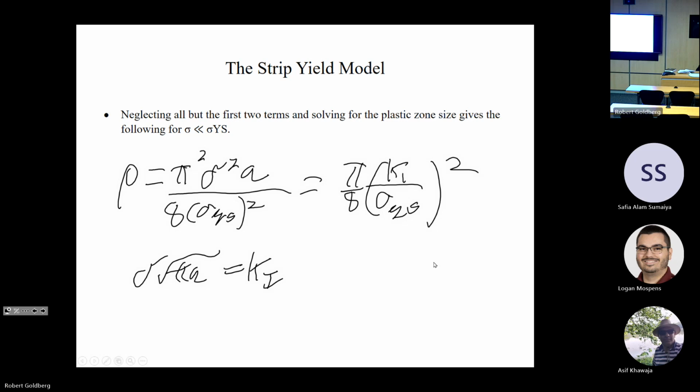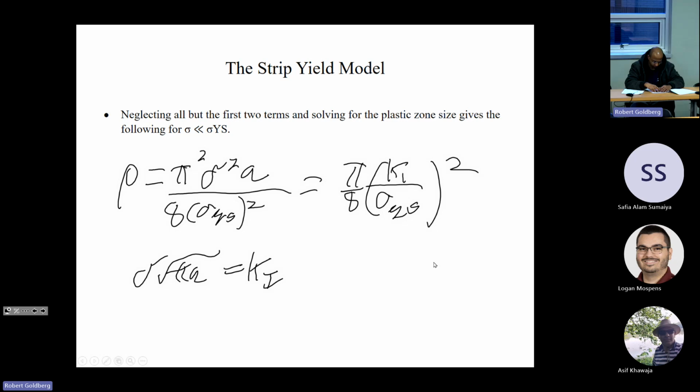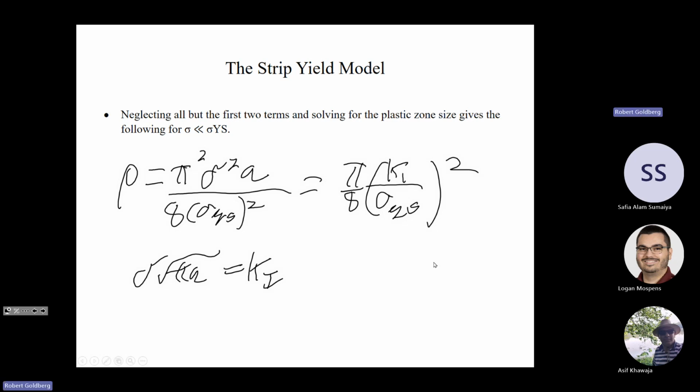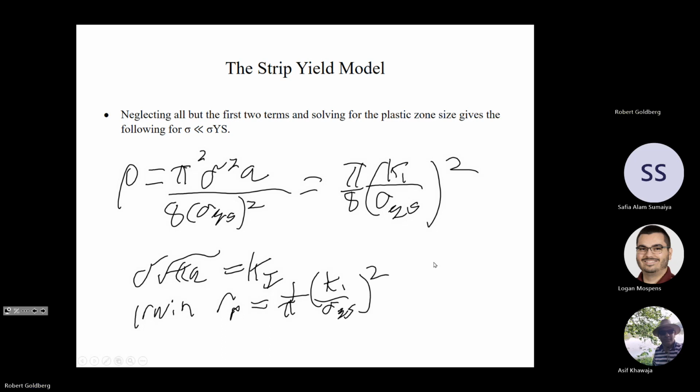Now, earlier the Irwin correction said that our plastic zone size is equal to 1 over pi times K1 over the yield stress squared.